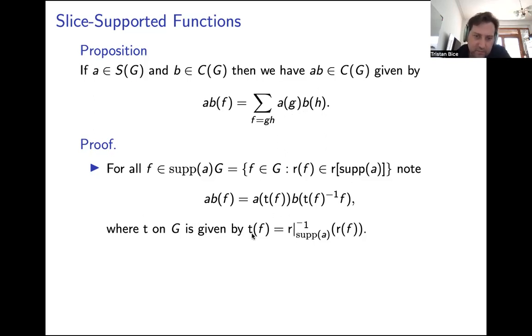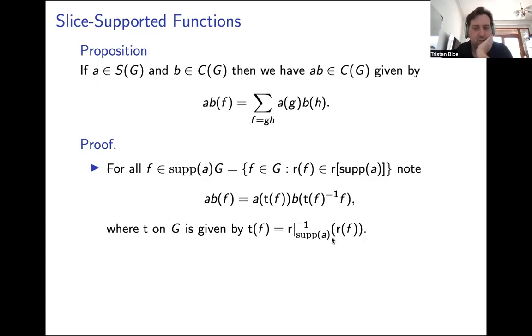Well, it's actually going to be T of F. Let's define a function T of F. So T of F is basically the unique element of the support of A such that the range of that element is the same as the range of F. Or put another way, it's what you get from mapping F by the range map and then taking the inverse map when you restrict the range to the support. Because the support is a bisection, this inverse map is indeed a continuous function, right?